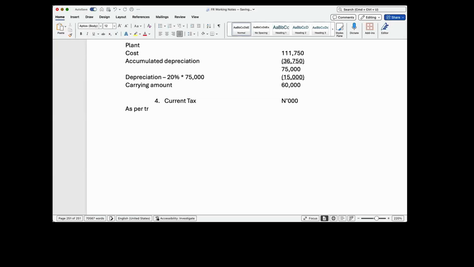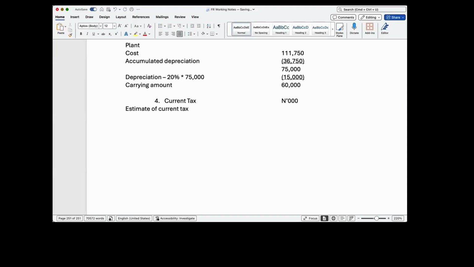So as for my trial balance, let me not start with as per trial balance. I have estimate of tax for the year, estimate of current tax.